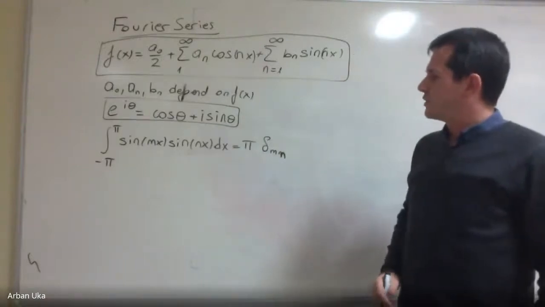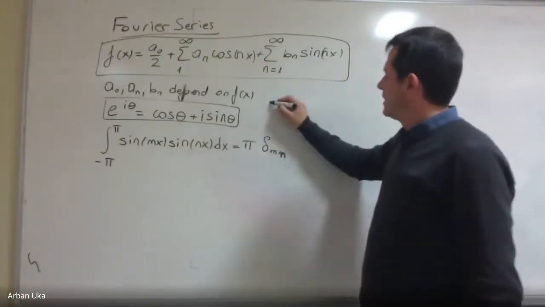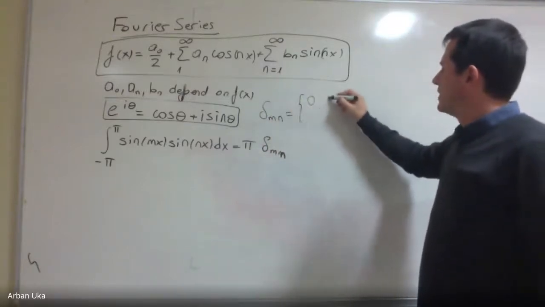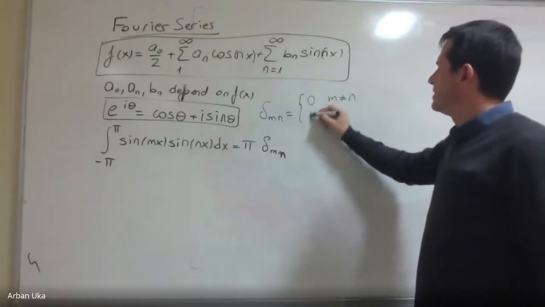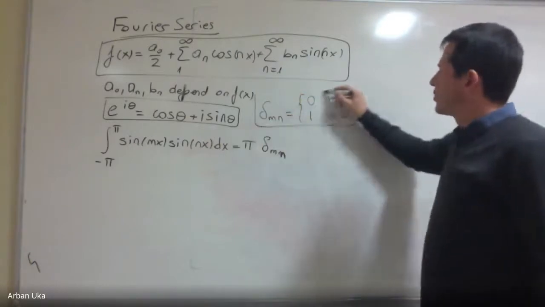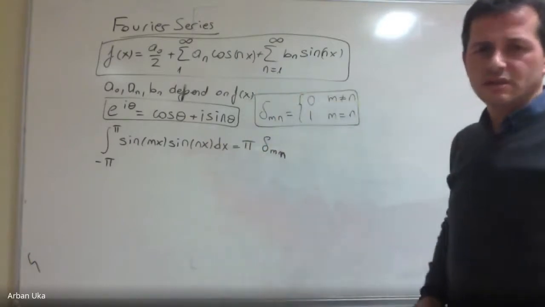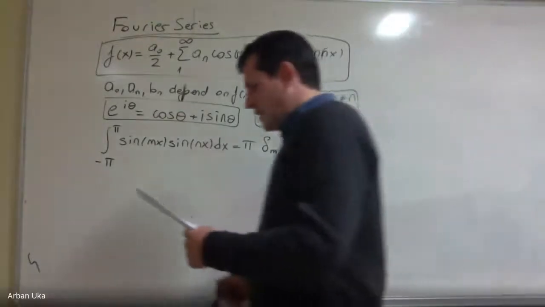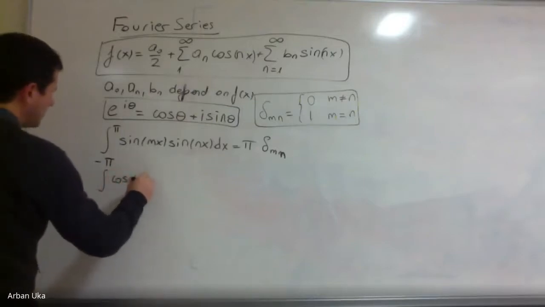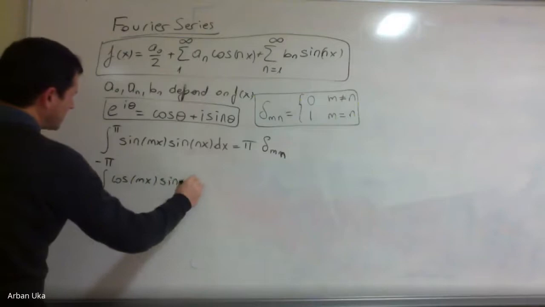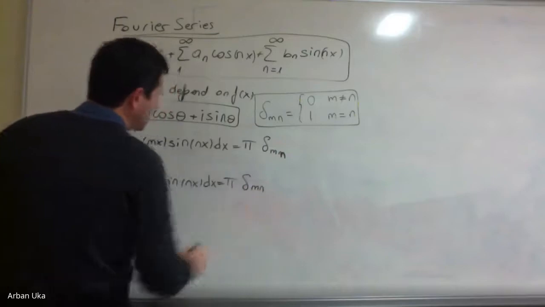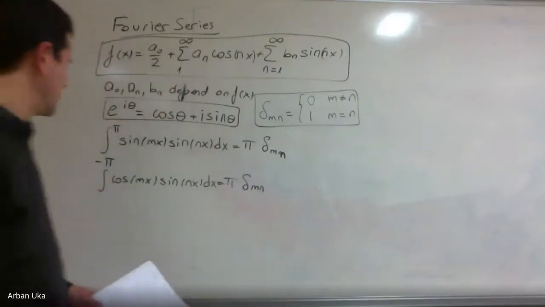If we integrate them together, we get pi times delta mn, and delta mn is a function which is equal to 0 if m is different from n, and equal to 1 when m is equal to n. This is the Kronecker delta function. Similarly, we can write the same thing for cosine mx times cosine nx dx, which is also equal to pi delta mn. So the same pattern appears.